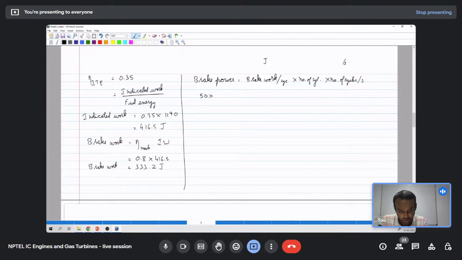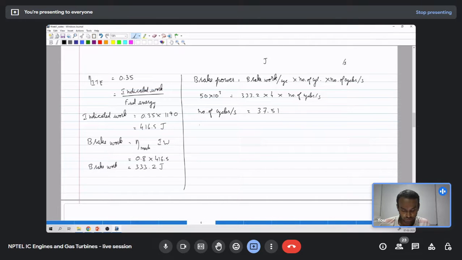So 50 kilowatt is 50 into 10 power 3. Brake work is 333.2 into number of cylinders, which is 4, and now we will get the number of cycles per second, which is 37.51.